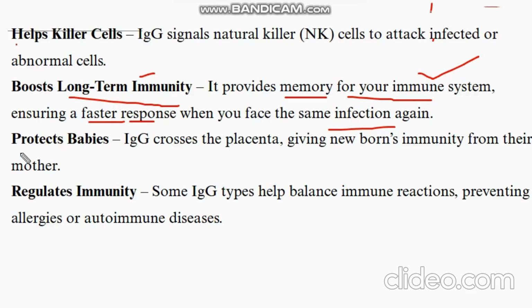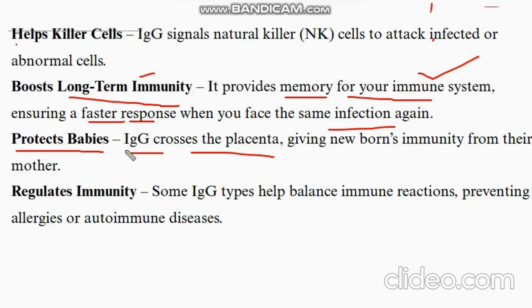Then another function is that it protects the baby. IgG has a capacity to cross the placenta. The placenta is a barrier between the fetus and the mother.